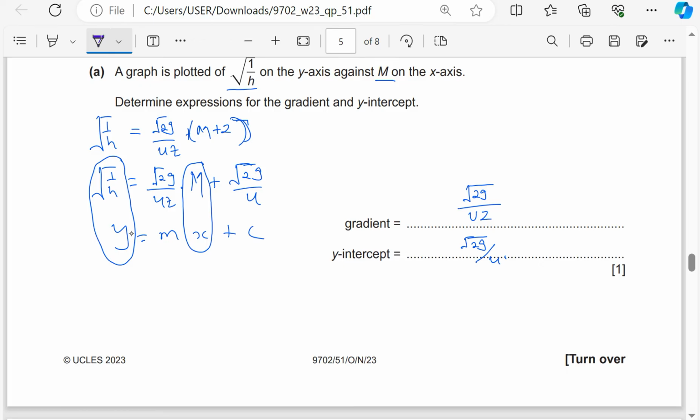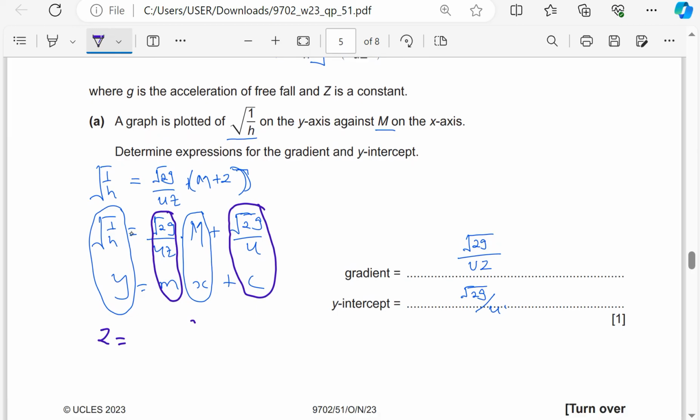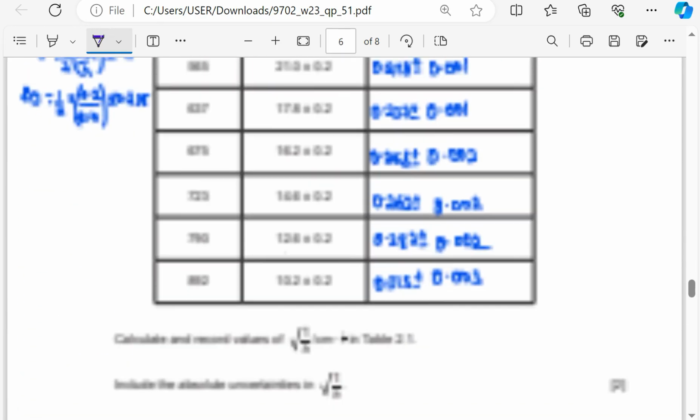So m is the gradient, this is the y-intercept, so if I make z the subject here, let me just use the expression for gradient, it is going to be enough.